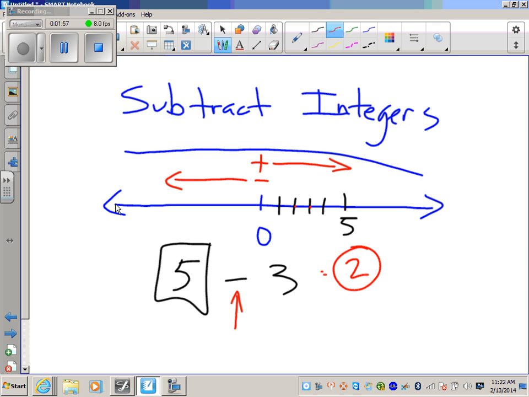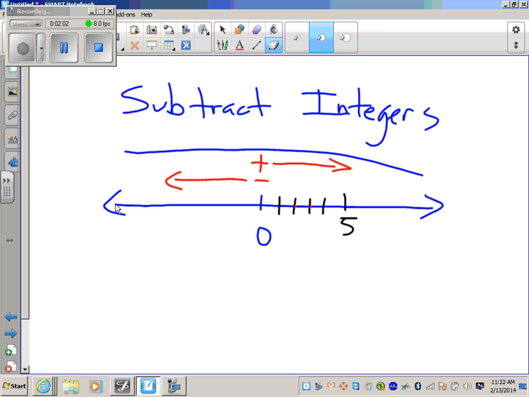Okay? Now, it's also going to enable us to look at problems like 7 minus 13, which up until today, maybe you'd say, you can't do that. You can't take away 13 if you only have 7. Well, you can if you unlock the negative side of your number line, absolutely.